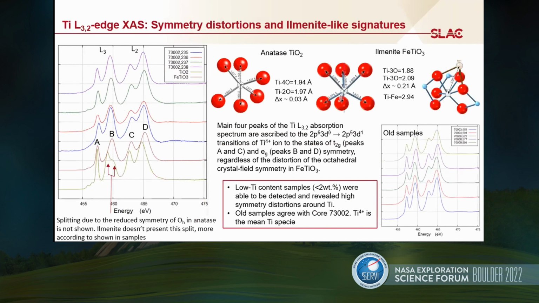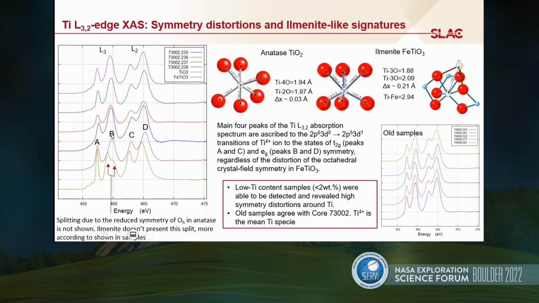For titanium, it is very interesting to mention here that we have a very low titanium concentration. So we started trying to match our spectra with titanium dioxide in the anatase phase.